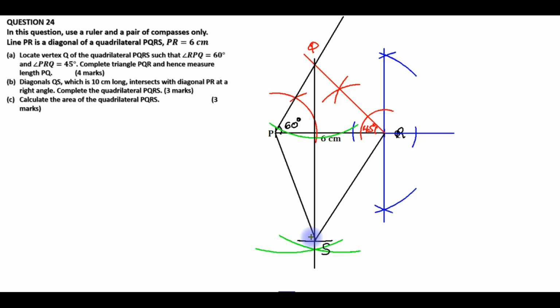Another thing that we need to consider is to answer the question as required. Part A, we actually located the vertex Q, and afterwards we completed triangle PQR, and hence we find length PQ. So what will be length PQ?